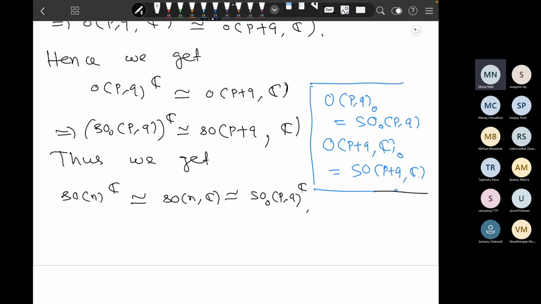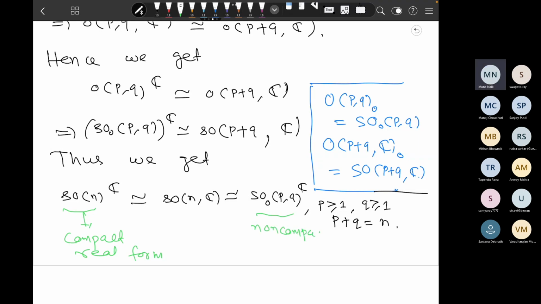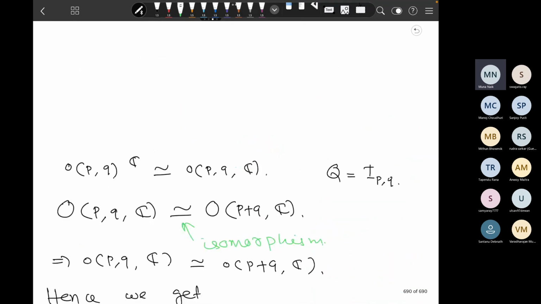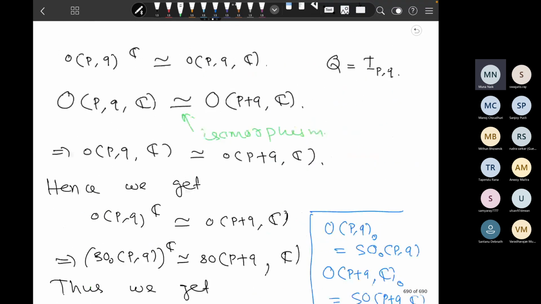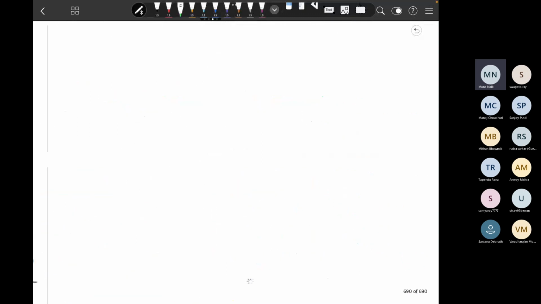And here I have to take this condition P greater than or equal to 1, Q greater than or equal to 1, and P plus Q is equal to N. So this is my compact real form, and other things are non-compact real forms. Okay, non-compact because. I am always leaving some places. I do not know what is happening.